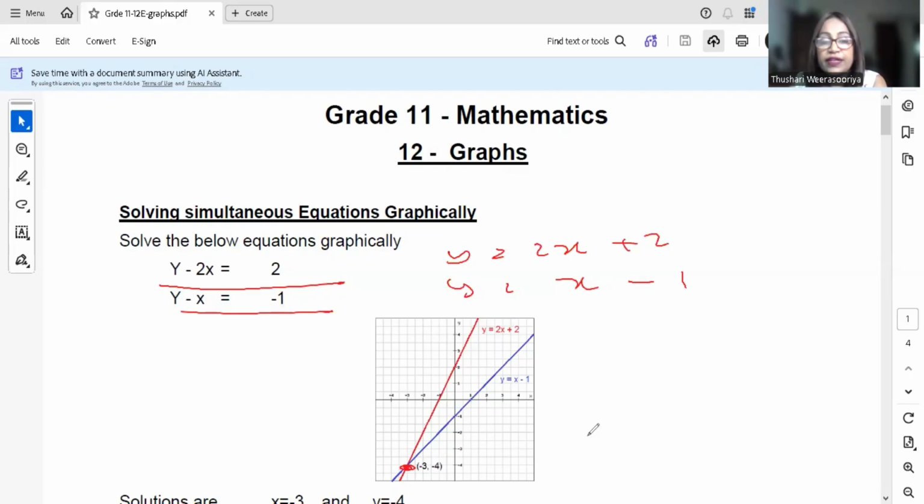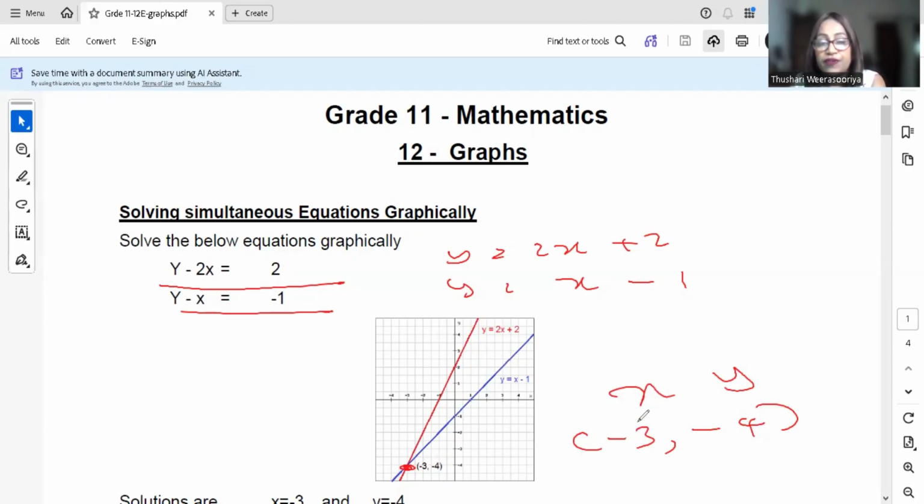The coordinate of the intersecting point is minus 3, minus 4. This is the x value. This is the y value. This method is also easy, right? When you draw the graphs, find the intersecting point.